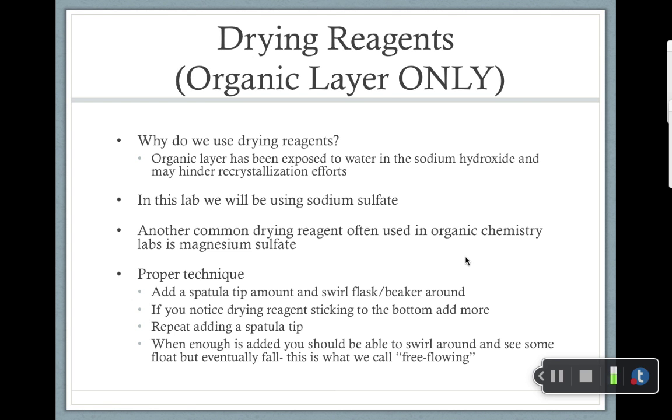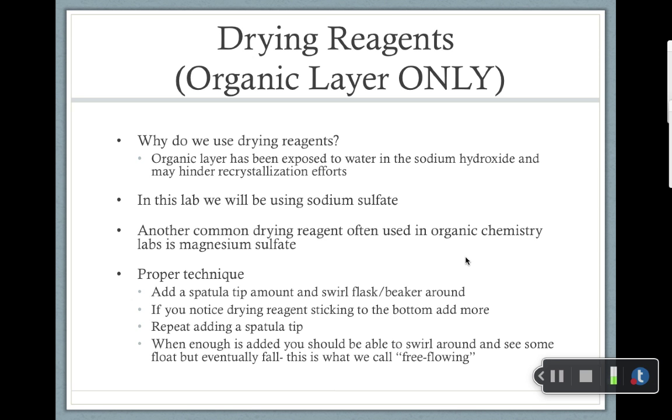So the proper technique for doing this: you'll have your stuff in your beaker or your flask. Actually, either one will work at this point. You're going to take a spatula tip and add it in, then swirl this around. Make sure that you're not swirling too vigorously and have solvent flying all over the place, because that's lost product. You're just going to swirl it around a little bit.